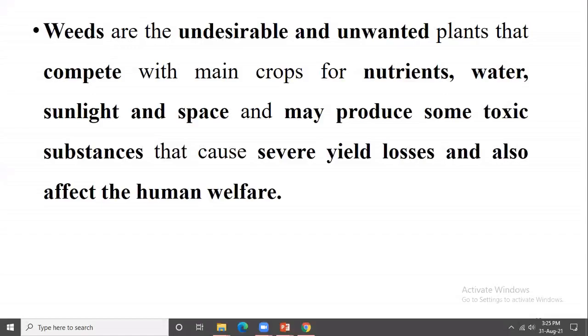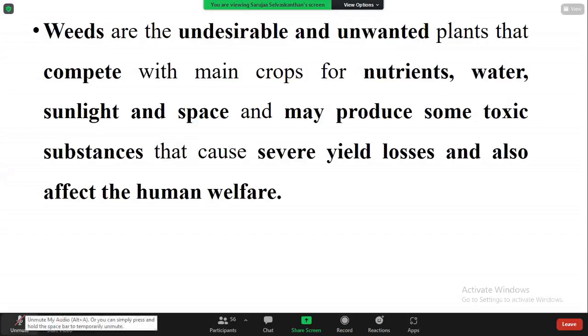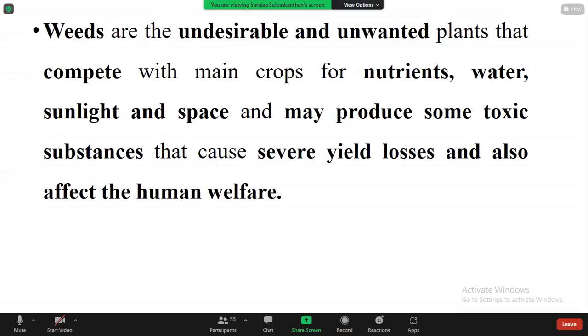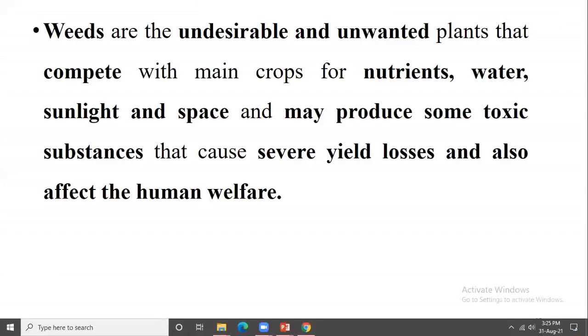Other? Grass. Okay. Others? There are a lot of weeds available in our country and the world.